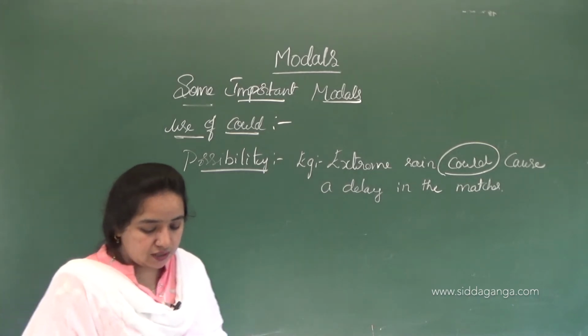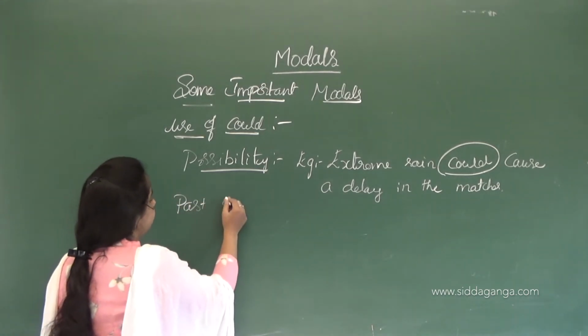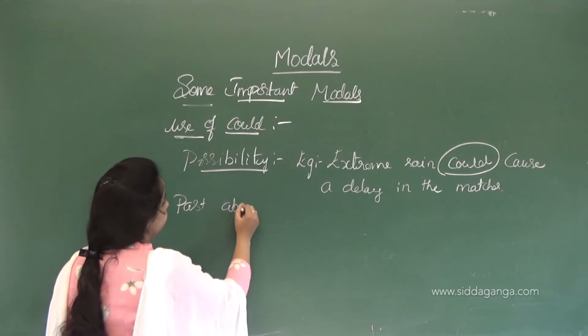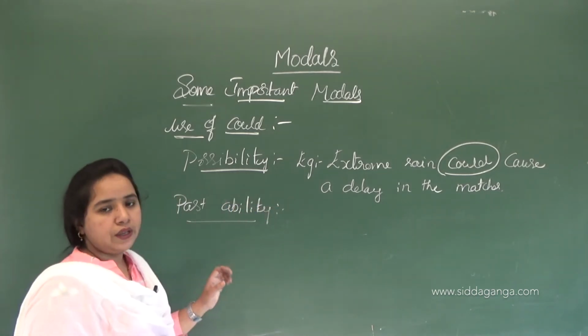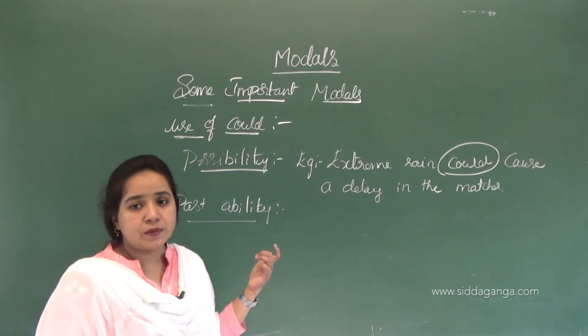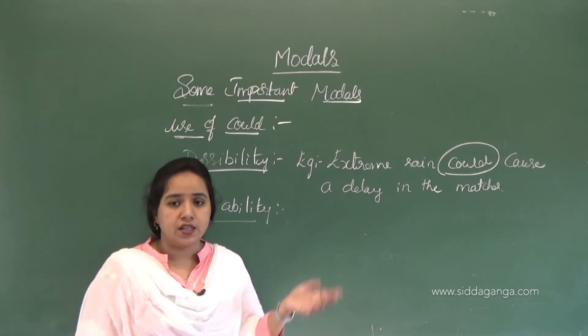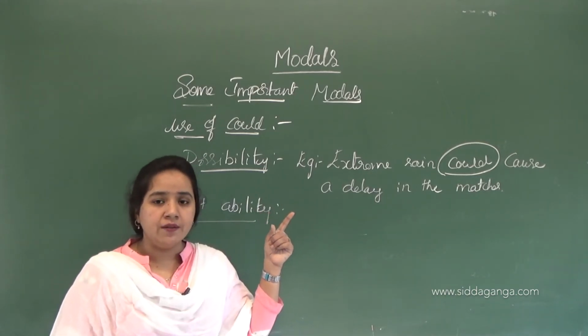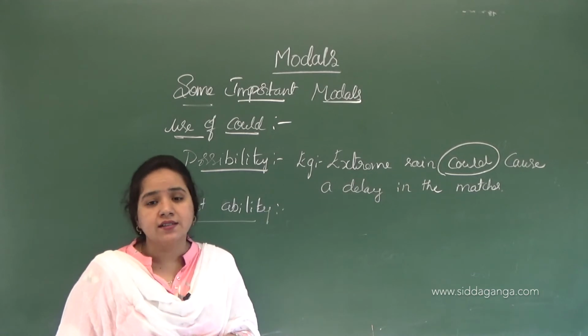Next, see the past ability. What is the role of could when we are expressing past ability, one's past ability? With can, it shows one's ability in the present tense.